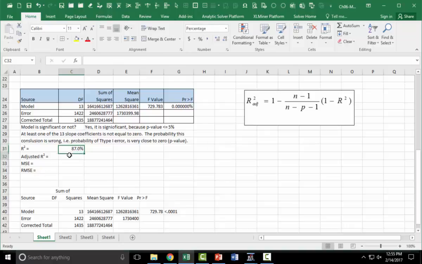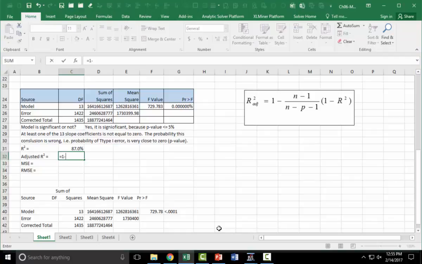Okay. Now adjusted R squared, here is the formula for adjusted R squared. So you go 1 minus n minus 1, which is the total degrees of freedom, divided by n minus p minus 1, the error degrees of freedom, times 1 minus R squared.